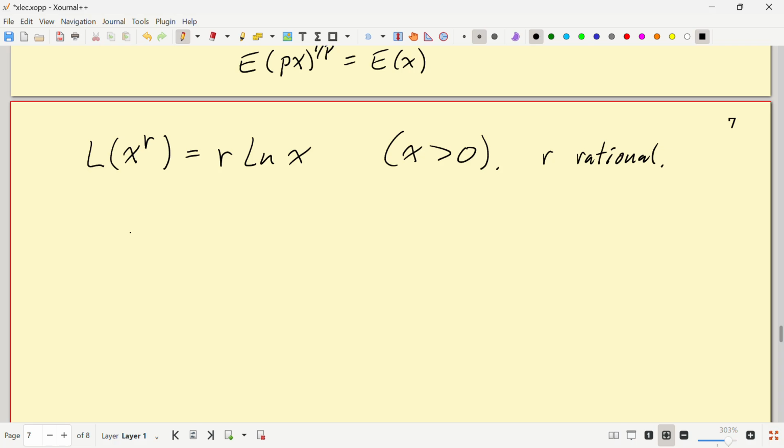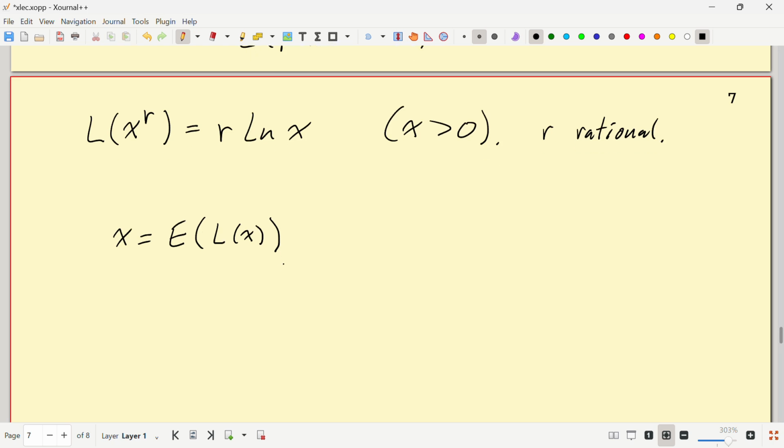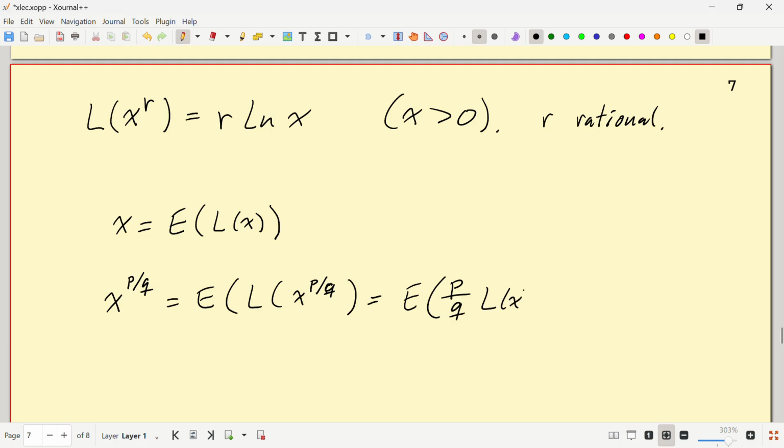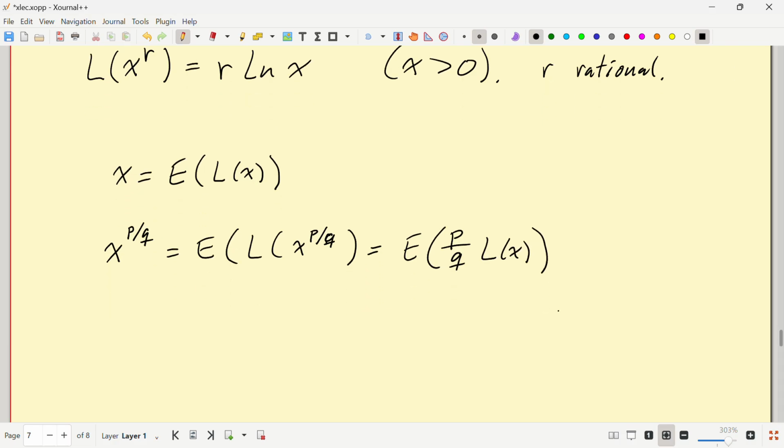But you would find out that x equals e of L of x. So x to the p over q is e of L of x to the p over q, and that would be e of p over q times L of x.